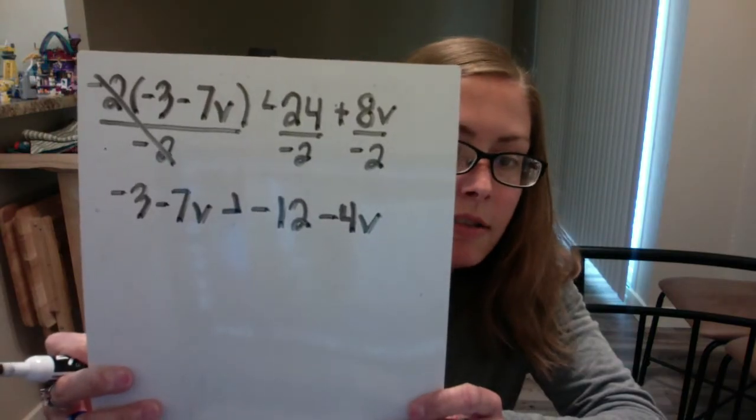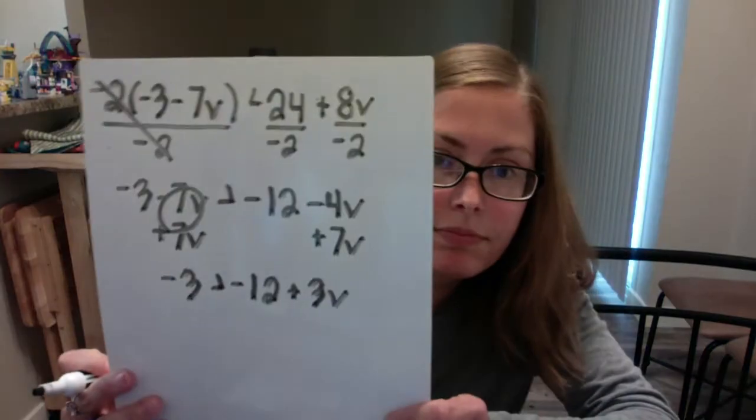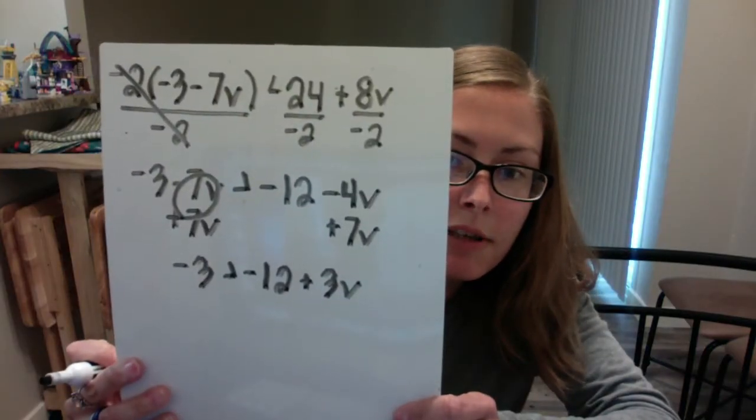Next, we're going to add 7v to both sides. And we get -3 is greater than -12 plus 3v. We're going to add 12 to both sides.